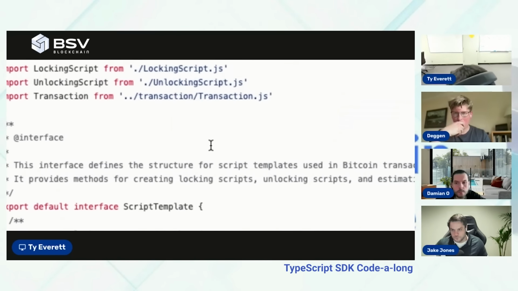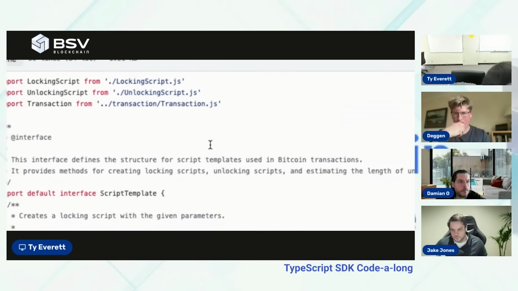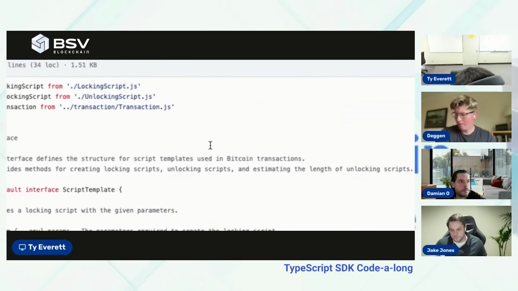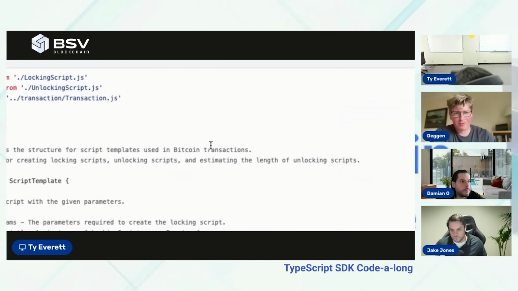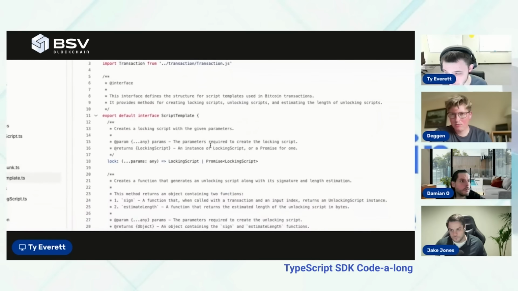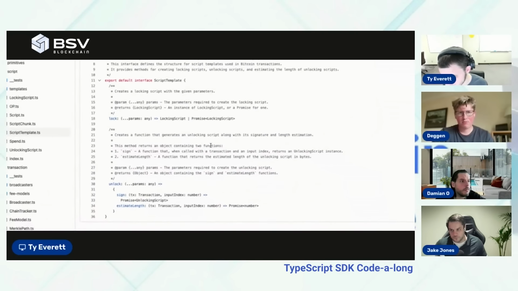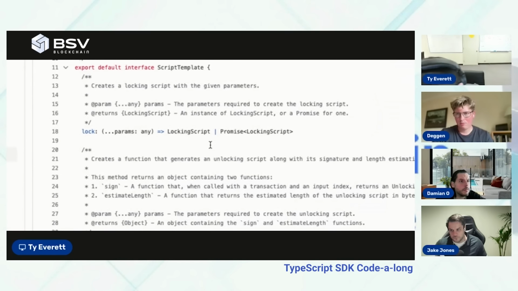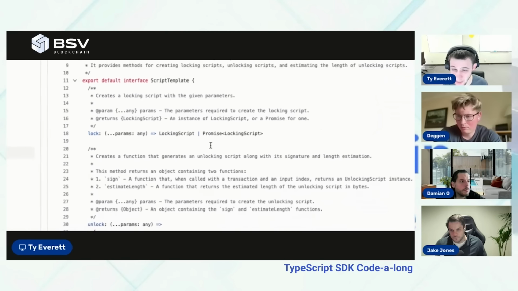This interface defines the structure for script templates used in Bitcoin transactions, right? It provides methods for creating a locking script, creating an unlocking script, and estimating the length of an unlocking script. So you can see here that it can take any parameters in the lock method, and then it can return either a locking script or a promise for a locking script. And that's basically the first thing that every script template must have.